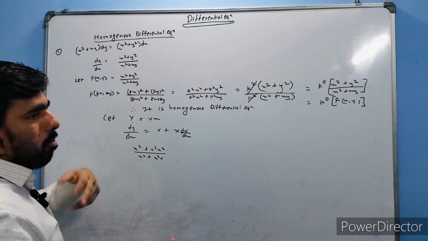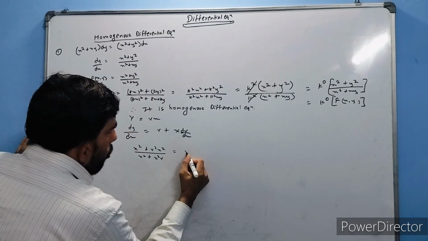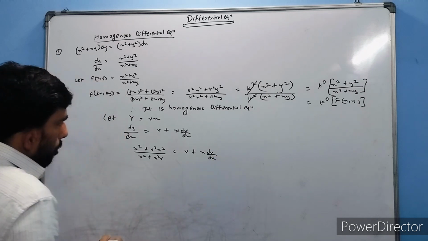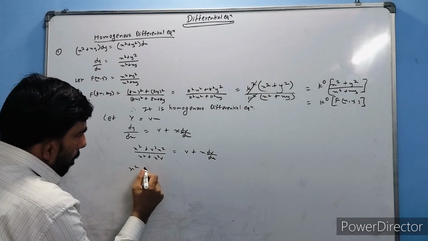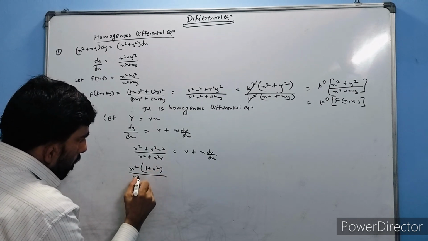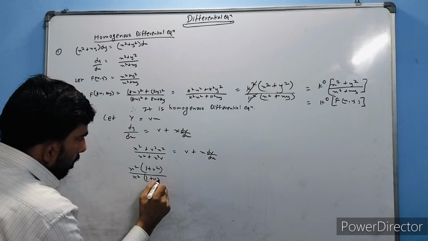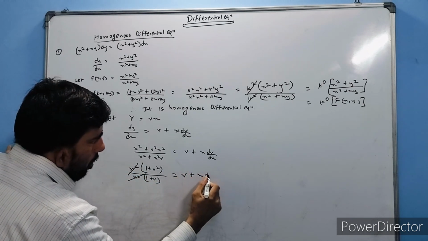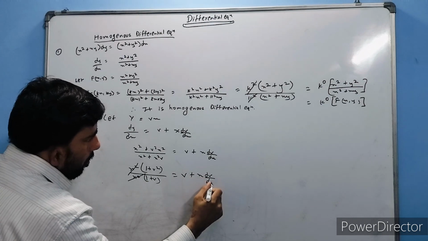So this is equal to v plus x dv upon dx. Now next, take x square common: 1 plus v square upon 1 plus v is equal to v plus x dv upon dx.